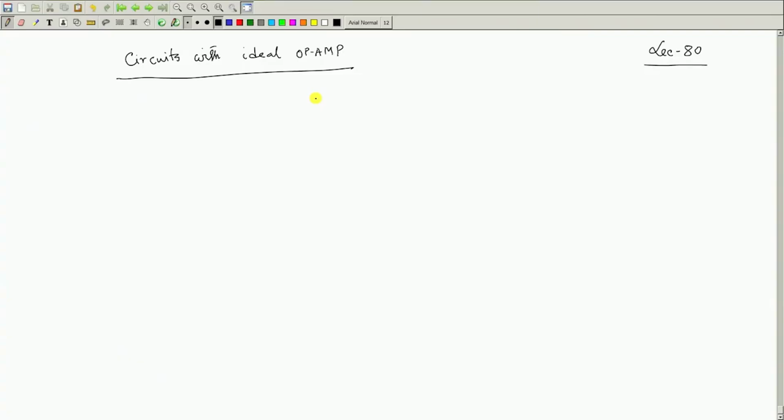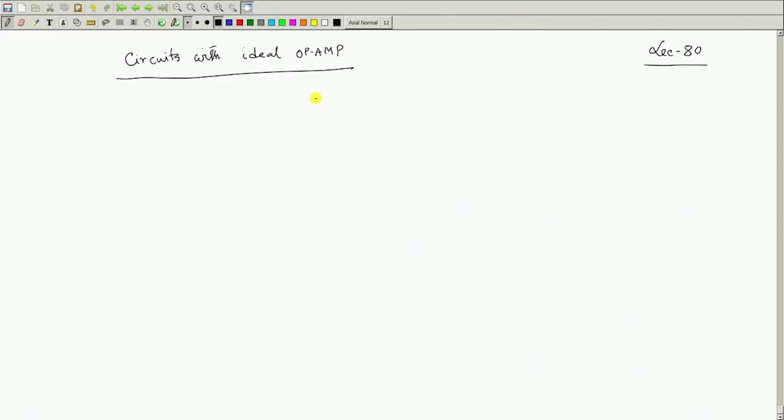We have been discussing circuits with an ideal op-amp and negative feedback, where you can amplify signals and do hundreds of other things. But here the emphasis is that I will consider the op-amp to be ideal and analyze the circuit from a circuit point of view.